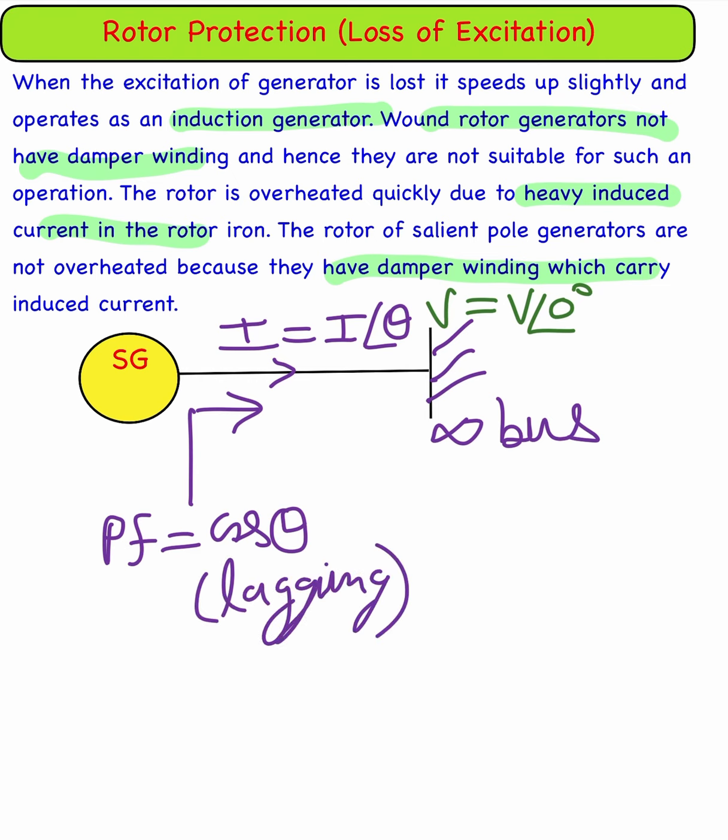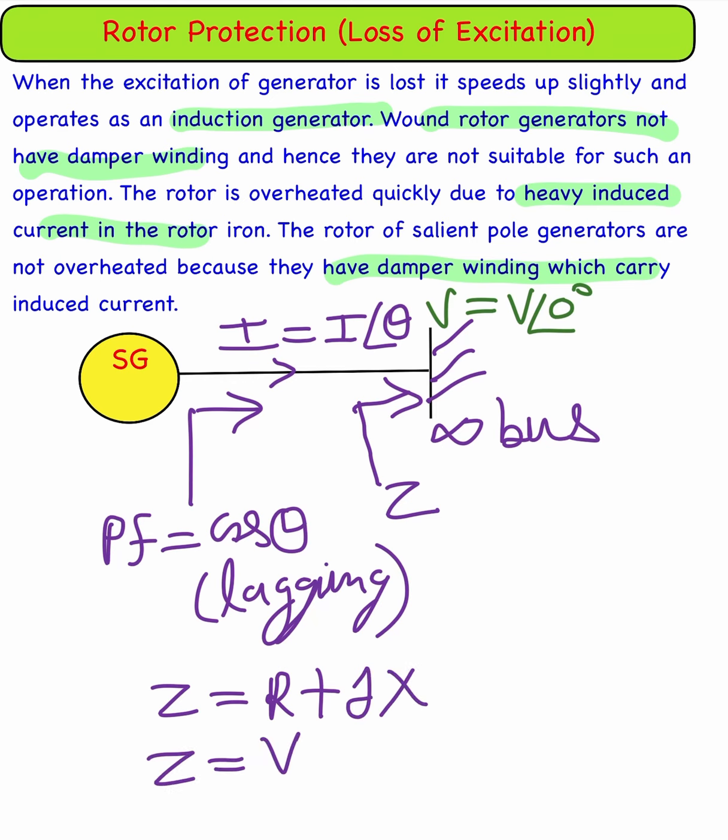Here you can see the impedance seen is Z, so Z is equal to R plus jX. You can write impedance Z equal to V upon I, where the voltage of this infinite bus is V angle 0 degrees, and the current flowing is I angle theta.